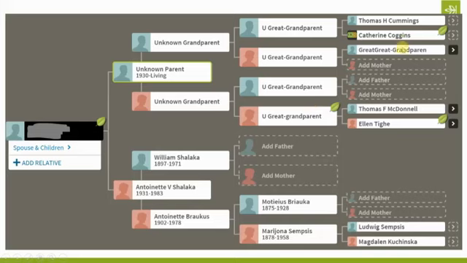But for now, doesn't matter where in the tree they are. Remember, my DNA is still attached to him, and so I'm just adding and moving people around back here at this level, building their trees out so that I can take advantage of some of those shared ancestor hints and seeing what else I can discover.